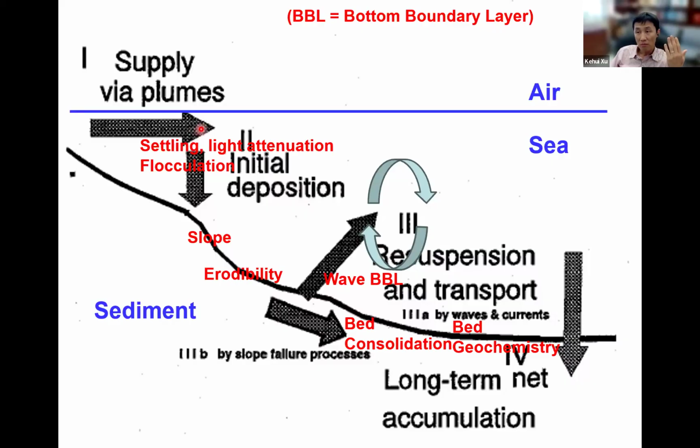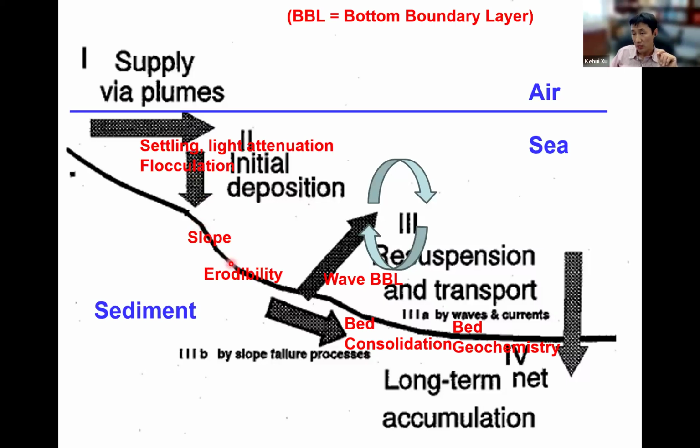If it's a very large amount of sediment supply, you may have light attenuation. Basically, the light is blocked by high turbidity. This would impact the photosynthesis and the biological processes. If you have a little bit of salt in the water, or even some organic matter, flocculation may occur in cohesive sediment.